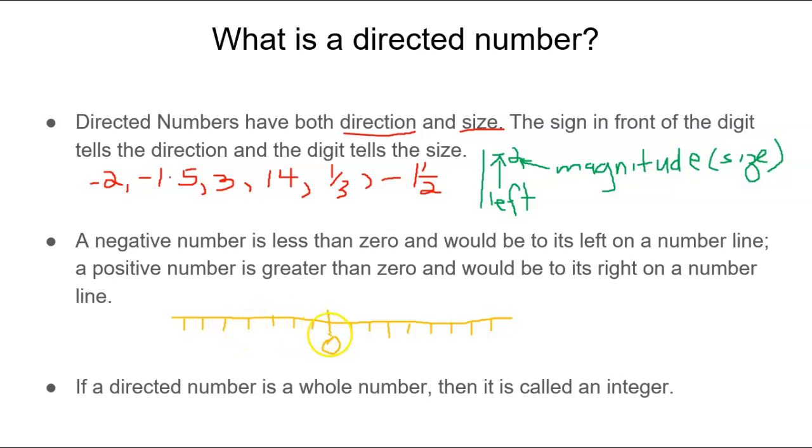What it means is that all negative numbers would be to the left of 0, and all positive numbers would be to the right of 0. So for instance here you would have things like -1, -2, -3, and it continues.